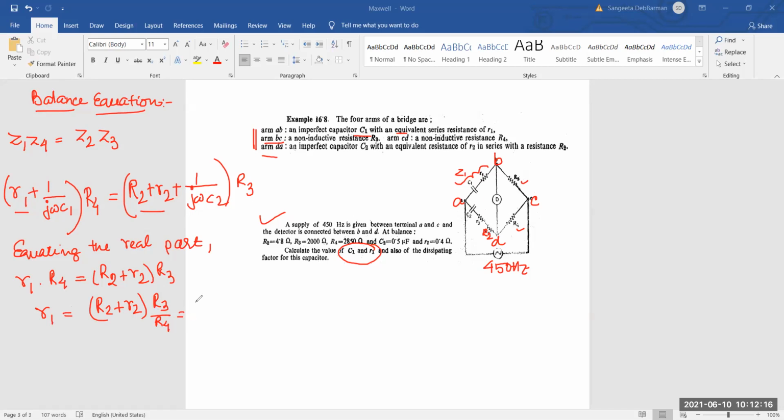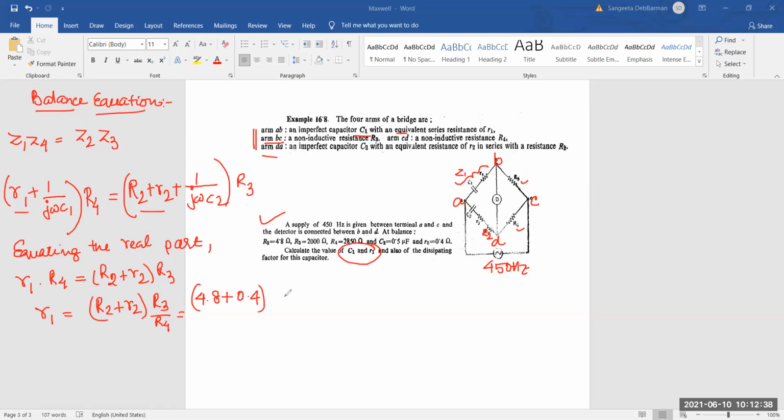R2 is 4.8. Small r2 is 0.4. Sorry, this will be plus. I made it wrong. This will be plus.